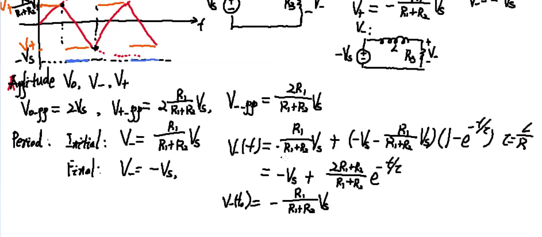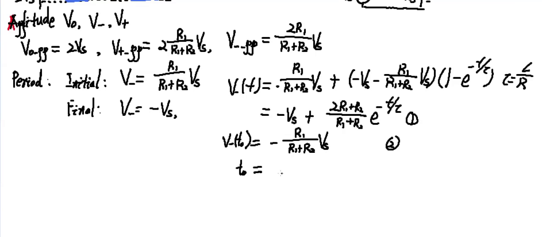Then, by utilizing equation 1 and equation 2, we go through this process and can easily calculate that this t0 is equal to tau times log of 2R1 plus R2 divided by R2.